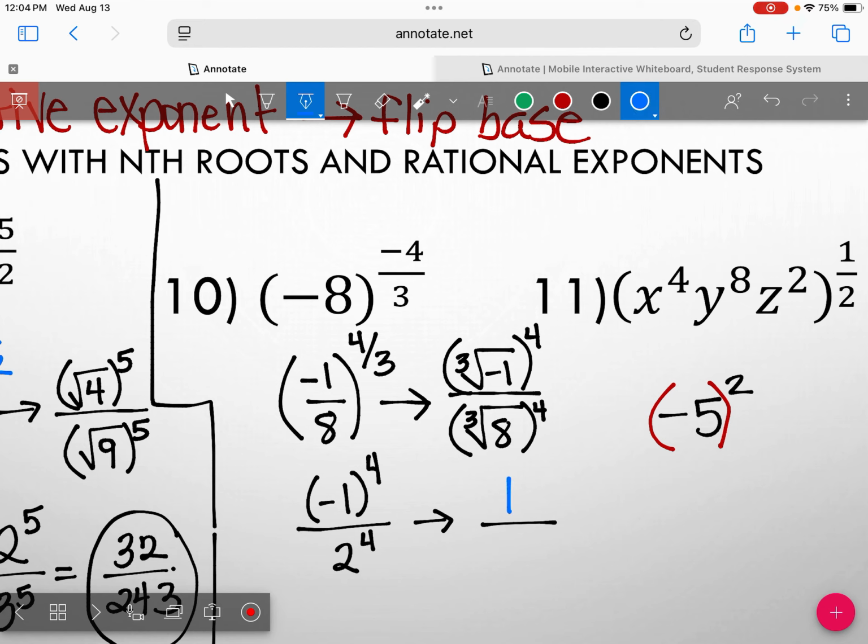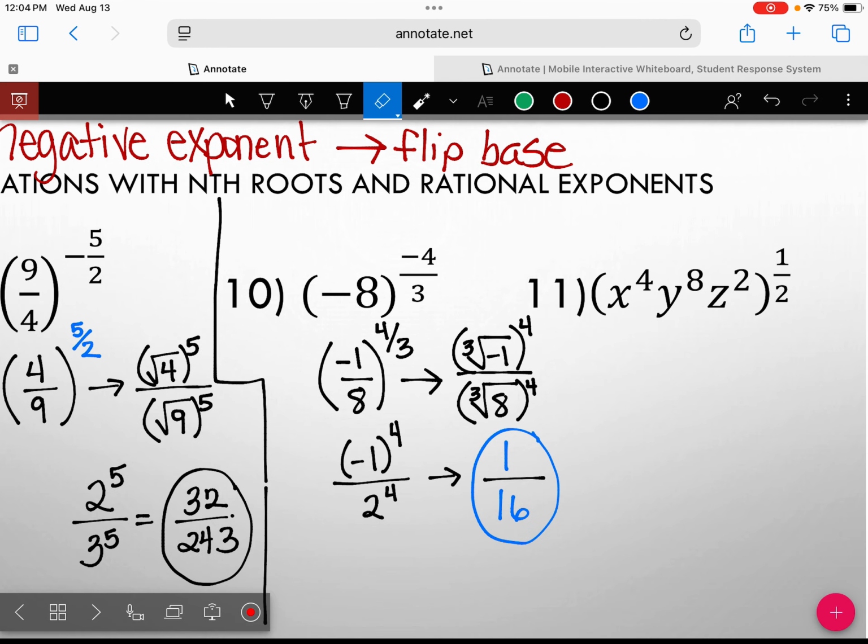2 to the power of 4 is 16. This is the answer that I would look for. All right, last one, and then we'll do a little bit of graphing. Hopefully you all have graph paper. If not, do the best you can with whatever you have. But who remembers what the power law tells you to do when there's an exponent on the outside?